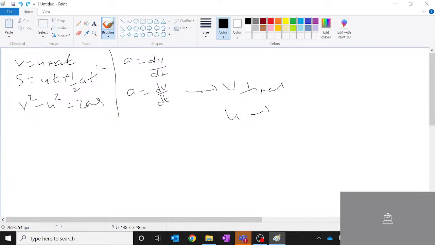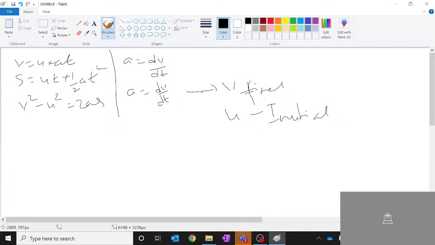Similarly, you see s is equal to ut plus half at square.